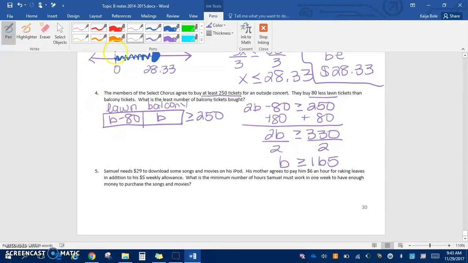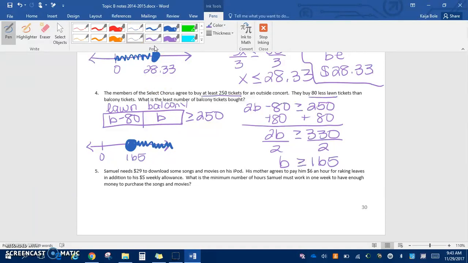Right, so when I go to graph this now, I have my number line. I have 0, I have 165. I'm going to have a closed circle at 165, and then it's greater than or equal to, so that means I'm shading to the right this time. So to answer the question, it says, what is the least number of balcony tickets?